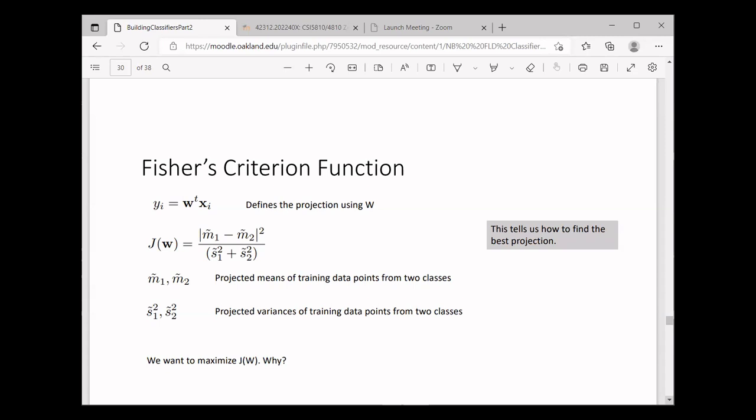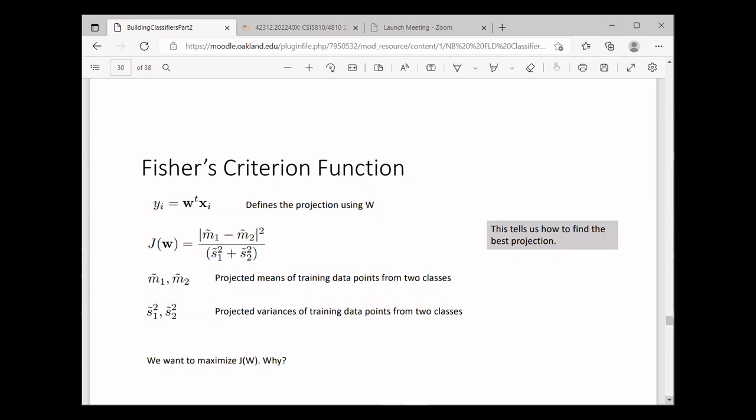So let us say that y sub i is the projection of your ith example, and that projection is given as W transpose x sub i.